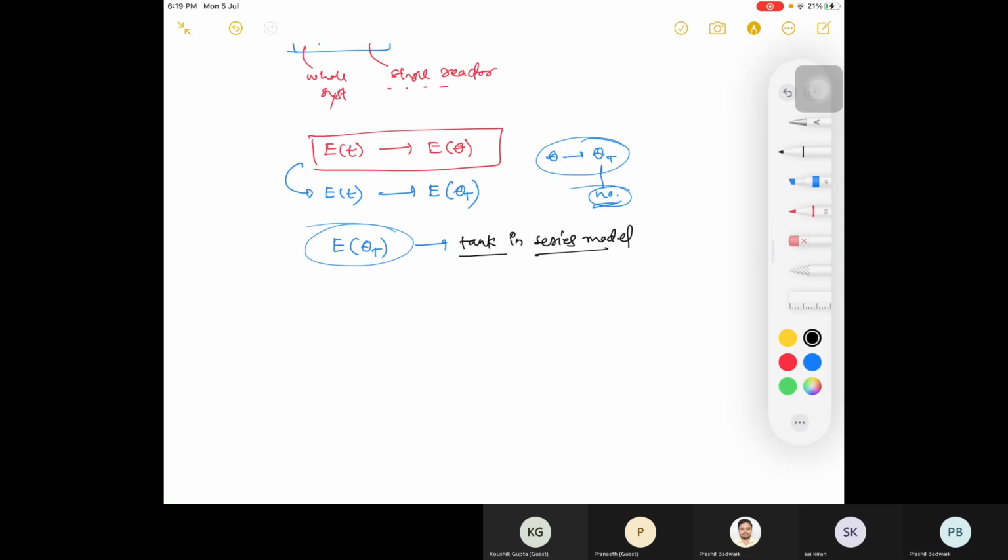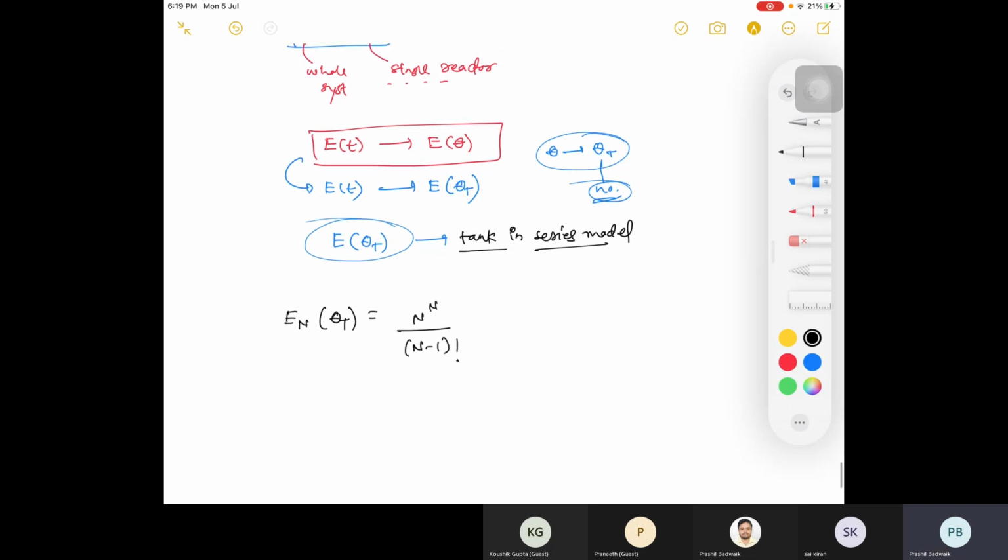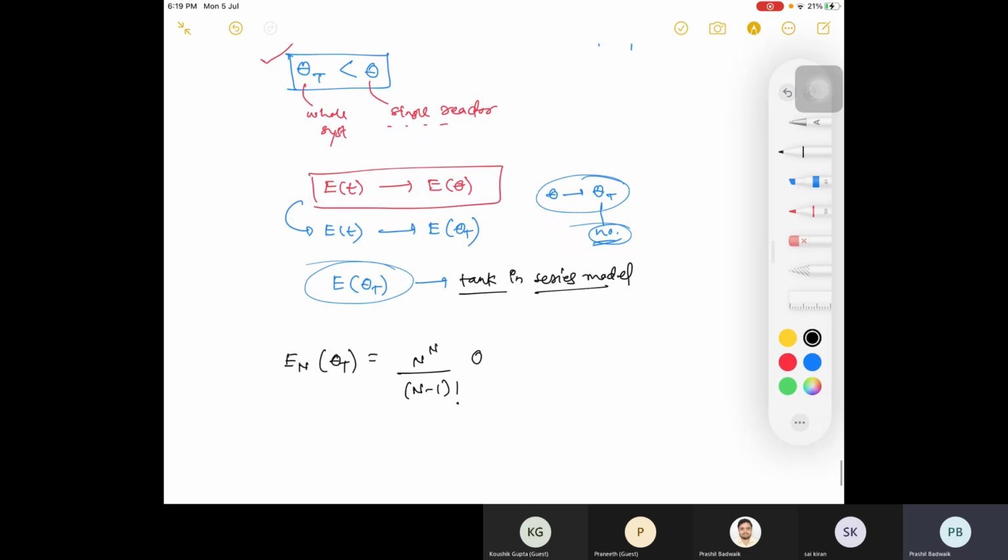So that equation is E(theta t) is equal to n to the power n, where n is the number of tanks, divided by (n minus 1) factorial, times theta t to the power n minus 1.